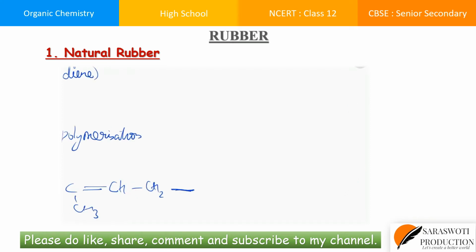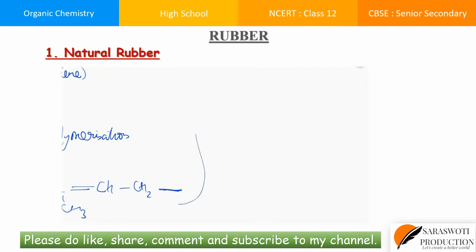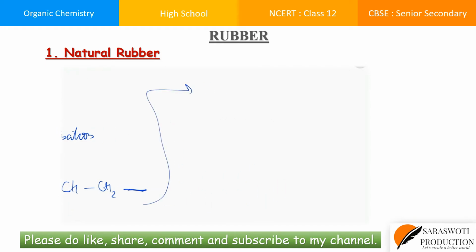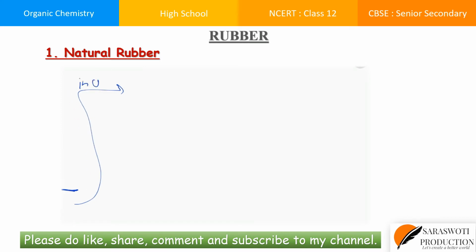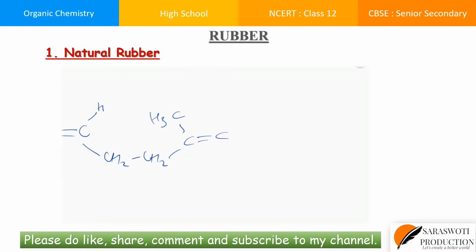Let's see how it's done. After this, we put one more arrow and mention in the arrow the cis form. That gives carbon double bond carbon, with H here, CH3 here, CH2 continuing, then CH2, CH2, carbon double bond, CH3, H here, CH2, and continues.